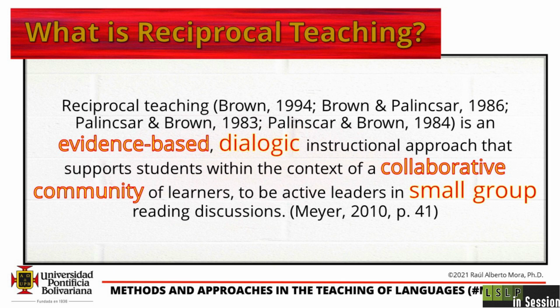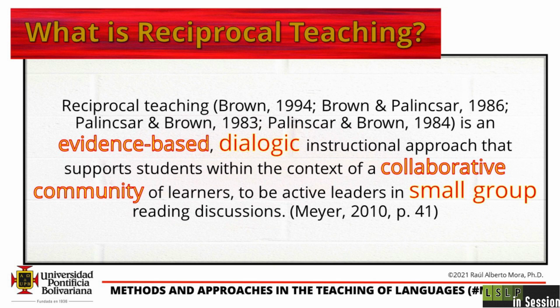So if I have you work in a group of 3, 4, or 5, the whole idea is that the 3, 4, or 5 of you should work together and as a community help each other make sense of what you do or make sense of what you read.